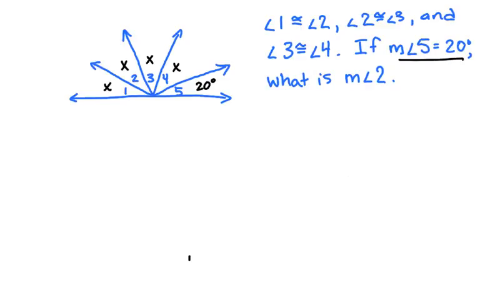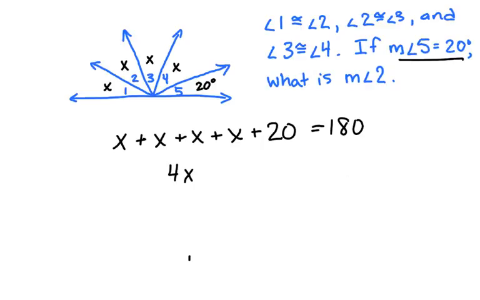Well, if we take all of these angles and add them up, and this is along a straight angle right here, all of these angles are going to add up to 180. So what we need to do is take x plus x plus x plus x plus 20, all of our angles, add them up, and set it equal to 180.